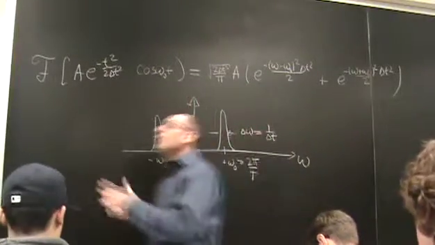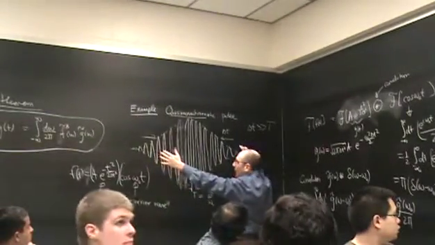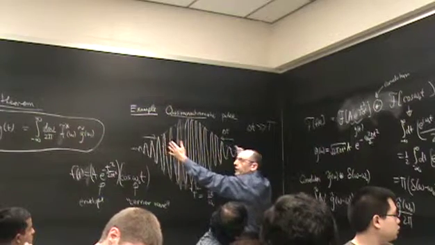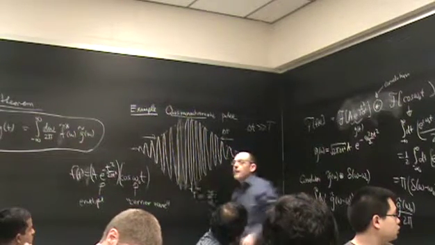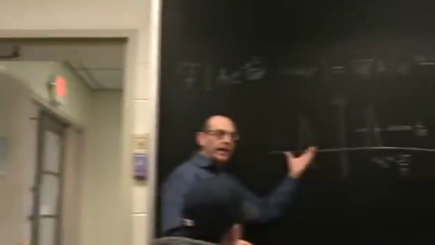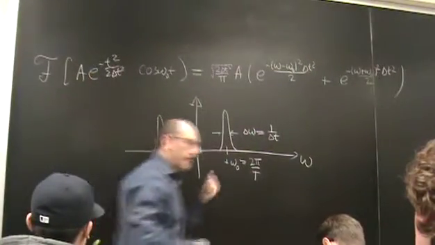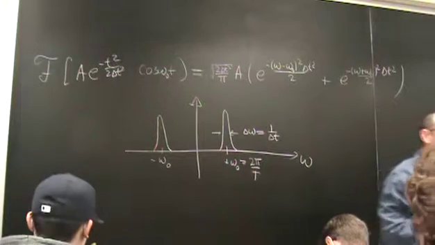So as you know, you have this Fourier duality. A long wave train means a well-defined frequency. As I make the wave train pulse narrower and narrower, I have a broader spectrum of frequencies. This will spread out more and more. There's an inverse relationship between the length of time of the wave train and the spread of frequencies, right?